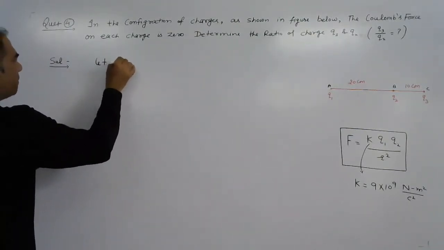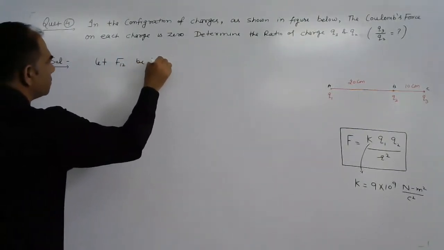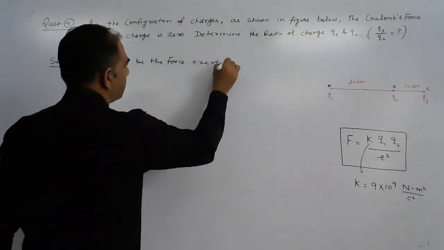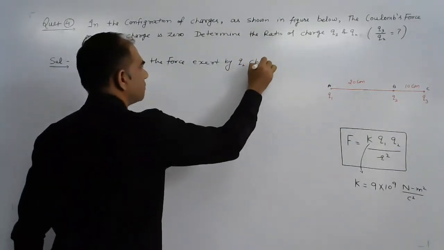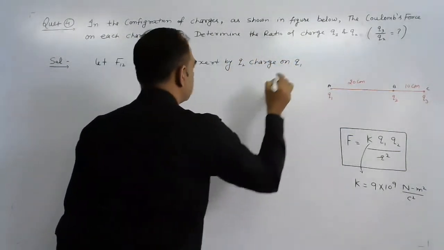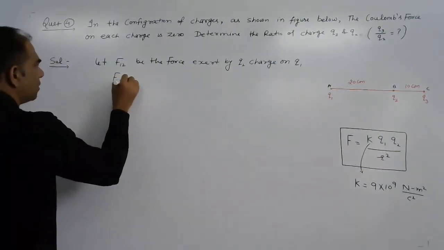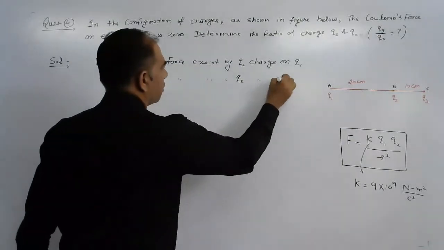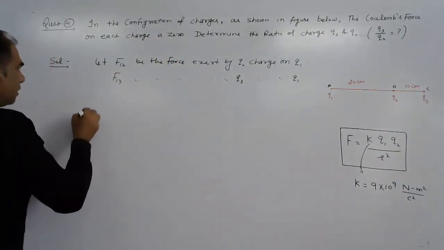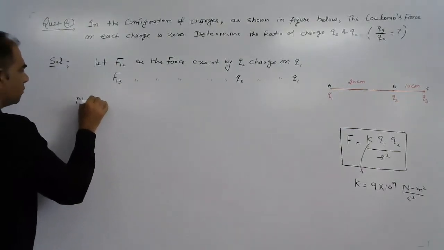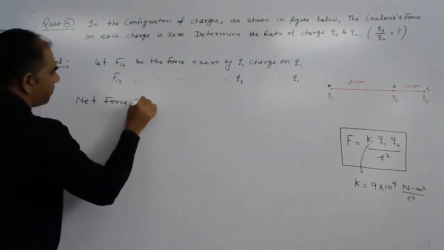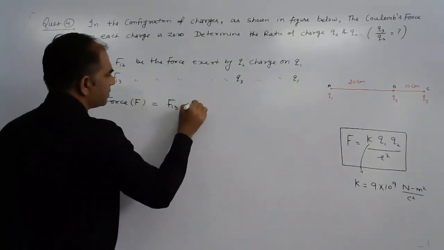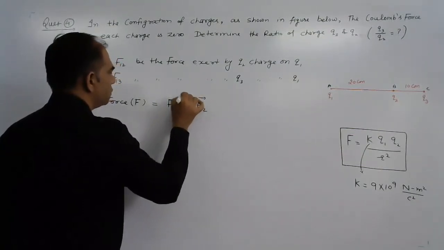Let F12 be the force exerted by Q2 charge on Q1 and F13 be the force exerted by Q3 charge on Q1. Net force F is equal to F13 plus F12.